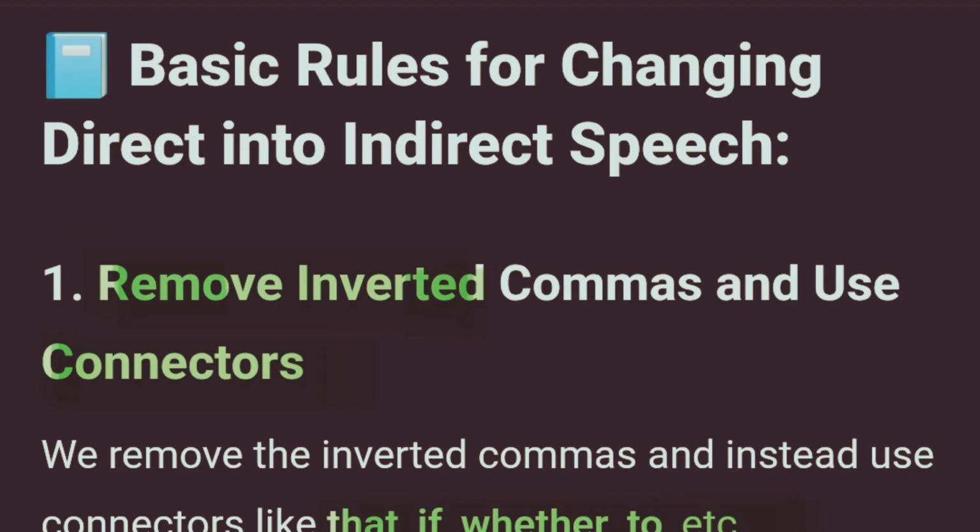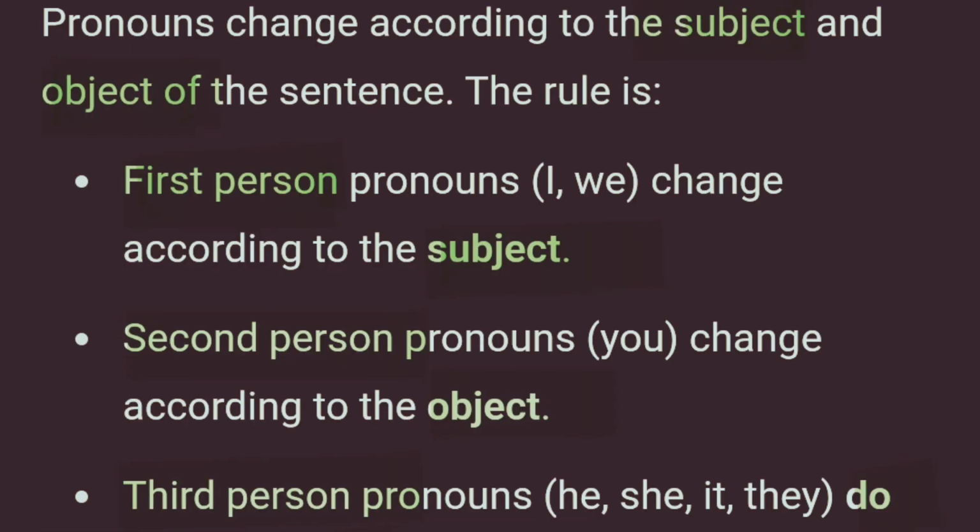Let's discuss some basic rules for changing direct into indirect speech. First one, remove inverted commas and use connectors like that, if, whether, to, etc. If we talk about the second rule, in this rule, we should change pronouns.